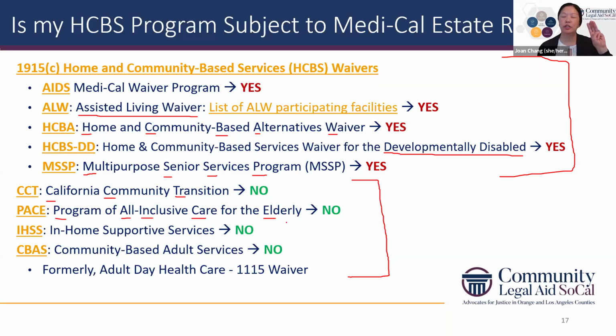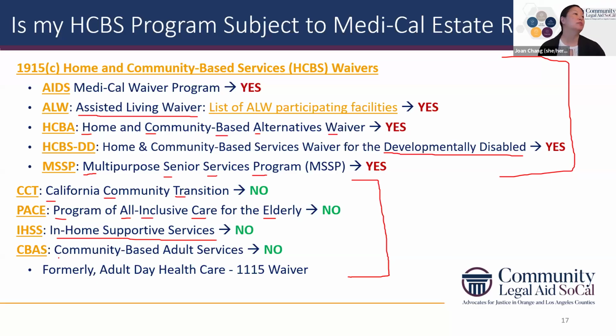There's, I believe, two or three PACE centers in Orange County. So if you are a PACE member, you do not have to worry about Medi-Cal estate recovery. For IHSS, I know a lot of y'all and your family members do have IHSS. You don't have to worry about Medi-Cal estate recovery. IHSS costs are not recoverable.